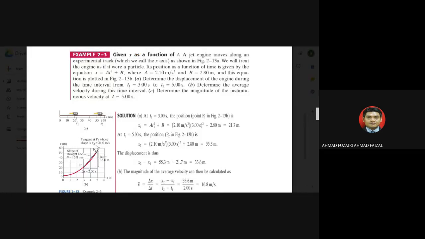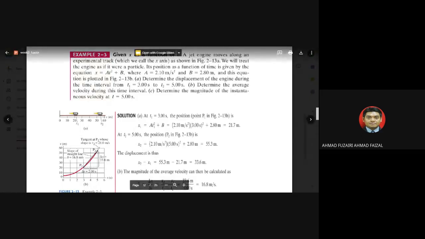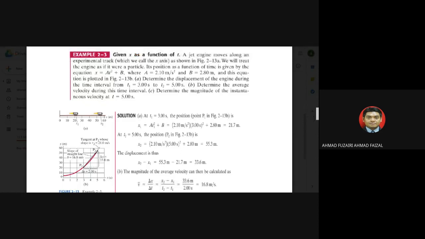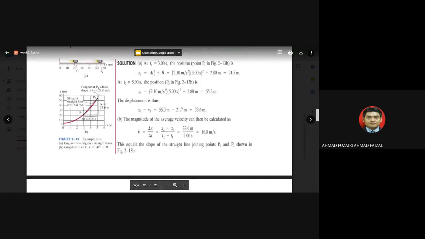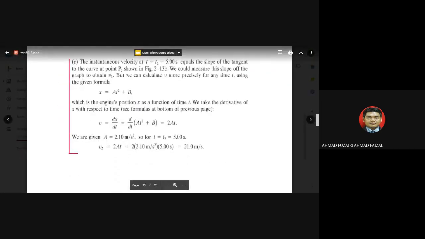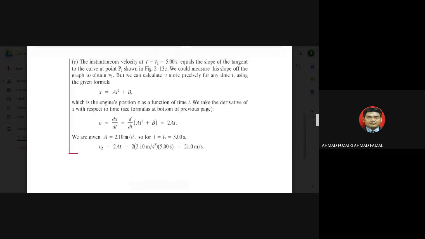And of course, the last part will be determine the magnitude of the instantaneous velocity at time t equals to 5 seconds. Tengok perkataan dia, instantaneous velocity. Function yang dibagi ialah x. Apa maksud x? Function position. Maksudnya kita kena buat differentiation. Kena differentiate dulu apa yang berlaku, dia buat macam ni. So this is the function x equals to at square plus b.